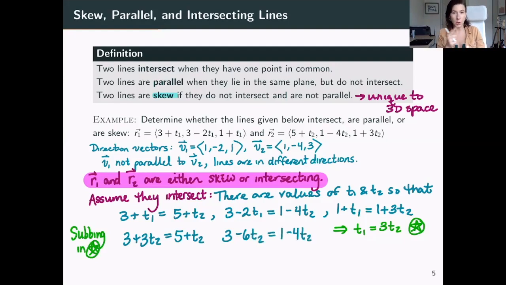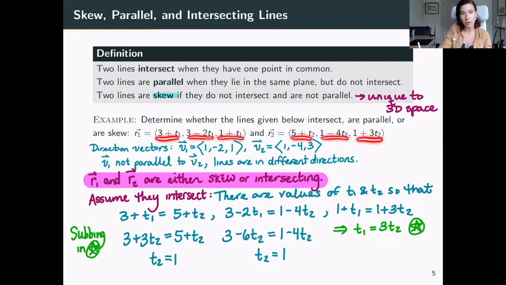And if we solve both of these equations, for the first one, I get T2 equal to 1. And in the second, I get T2 equal to 1. So thankfully, I got the same value for T2. Just like I said at the beginning, if these two lines intersected, there would be values of T1 and T2 so that all of the components were equal by coordinate.